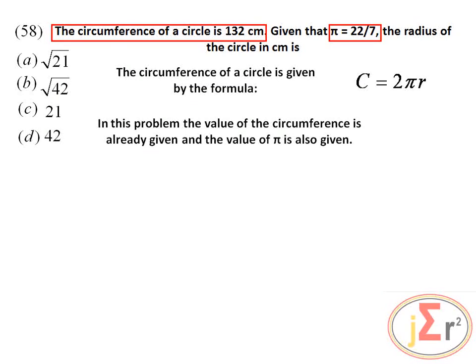In this problem, the value of the circumference is already given, and the value of pi is also given. Circumference is 132 centimeters. The value of pi is 22 over 7. We will therefore substitute 22 over 7 for pi, and 132 for the circumference.